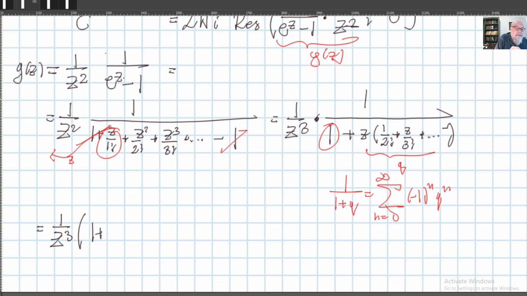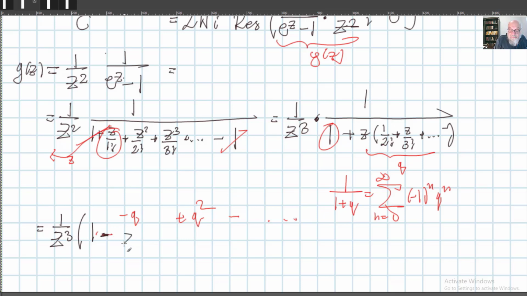So first 1, then you have q, then you have q squared, then you have q^n. But here, remember, this is minus, because this is minus 1, so I should correct myself. So this will be minus q plus q squared, etc.